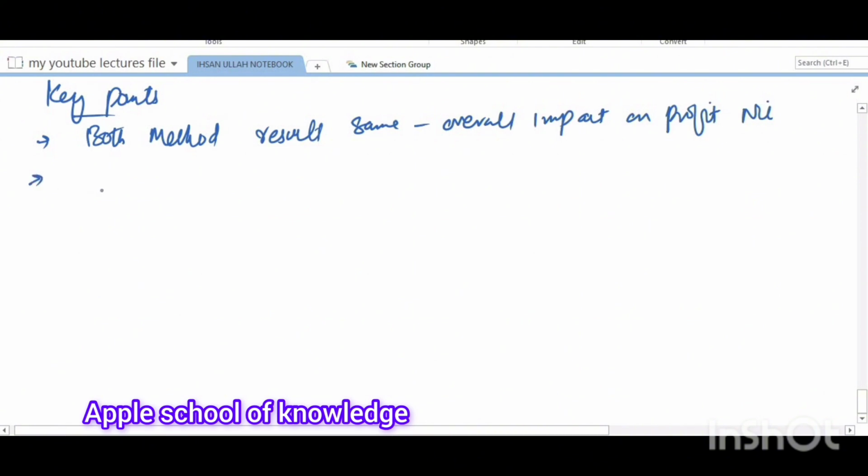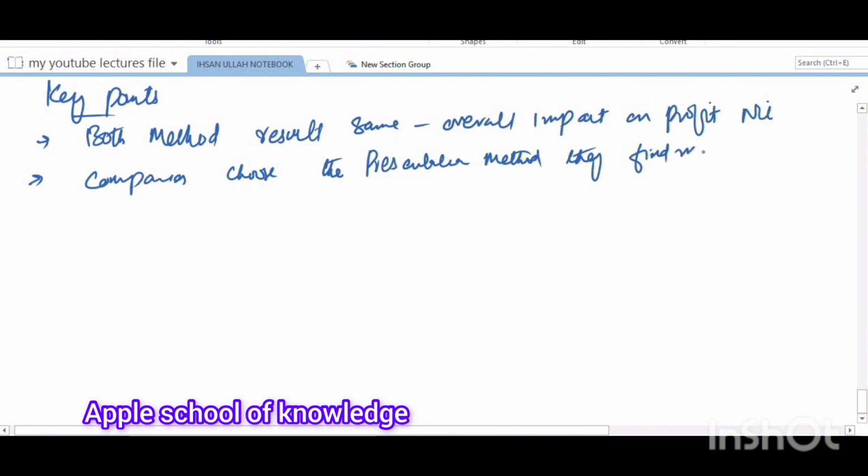The second thing, companies choose the presentation method they find more appropriate. Clear?